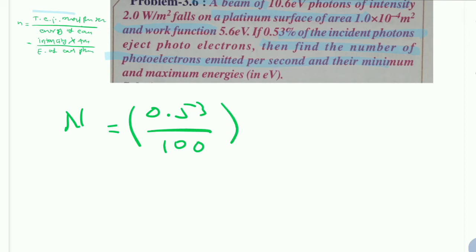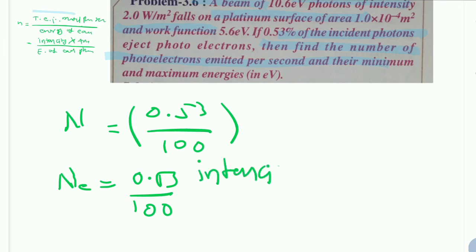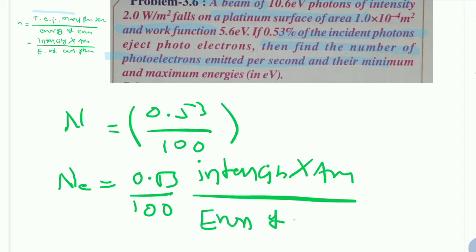So number of electrons emitted per second is 0.53 by 100 times intensity times area by energy of each photon.